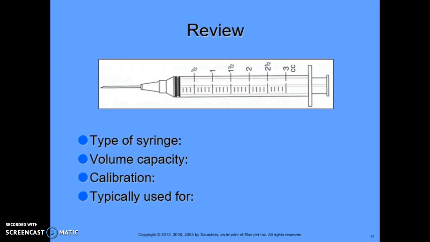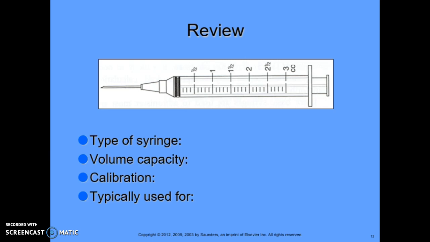Let's look at this syringe. What type of syringe is this? It is a 3 cc, which we also know is a 3 ml syringe, and the volume capacity is 3 milliliters. That's correct. How is it calibrated? From 0.1 milliliter, and what is it typically used for?